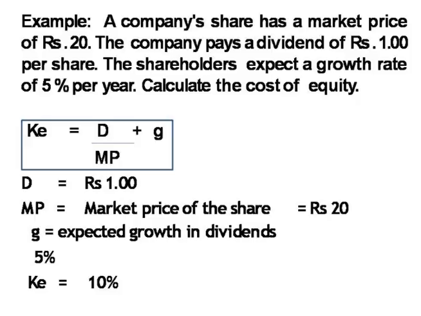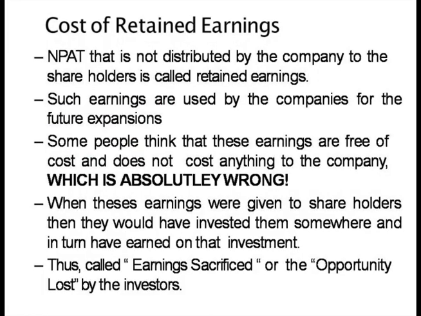Now come to the last cost, that is the cost of retained earning. Well, the net profit after tax that is not distributed by the company to the shareholders is called retained earning. Or in other words, the money which a company retains for future prospects and does not distribute among the shareholders is known as retained earning.